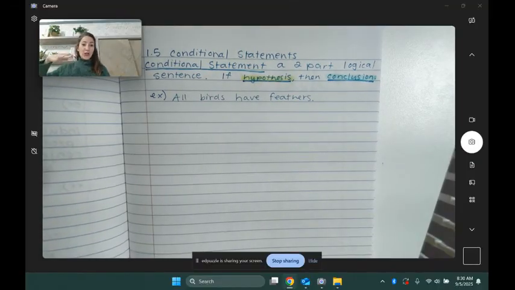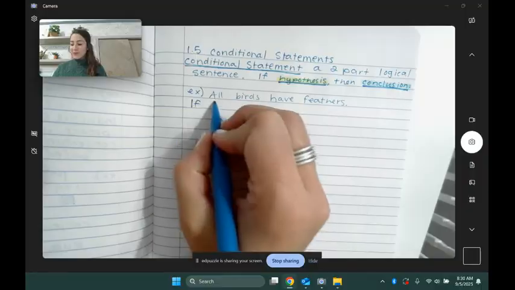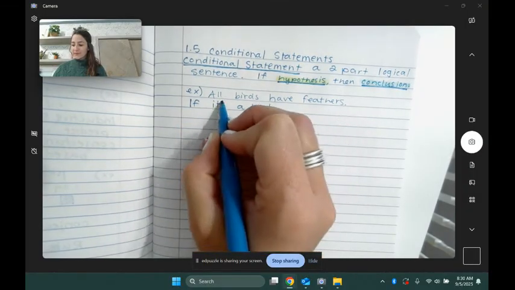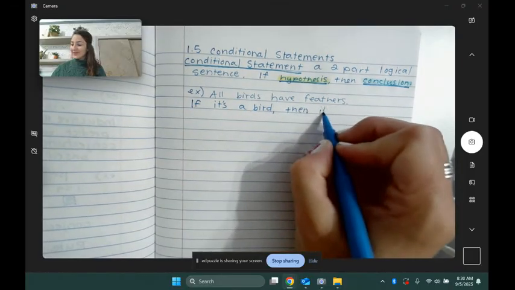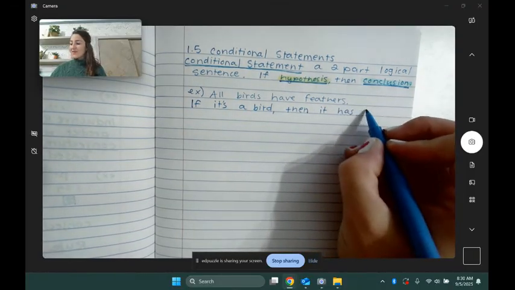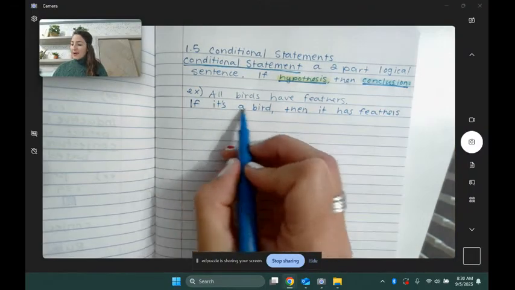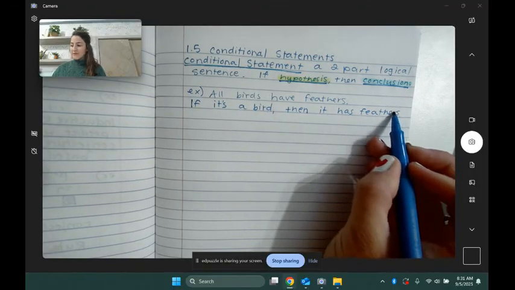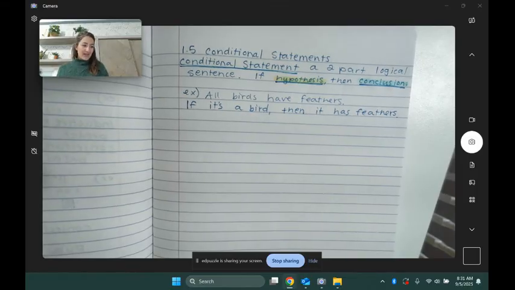But to turn it into a conditional statement, I could say something like, if it's a bird, then it has feathers. And I've got my hypothesis here and my conclusion here. If it is a bird, then it has feathers.